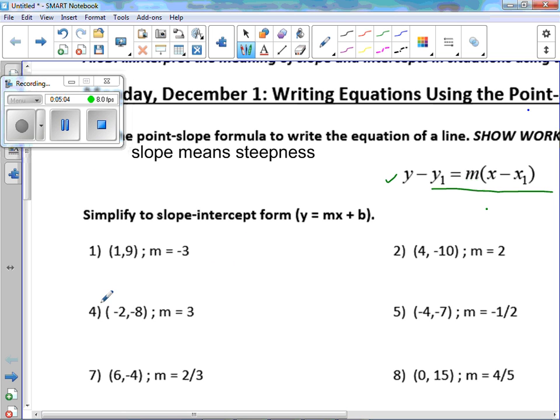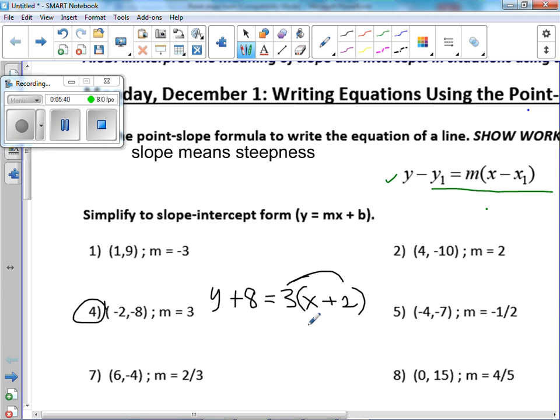Okay, let's go ahead and do number 4 now. And you have y minus, what am I going to write? If the y is a negative 8, isn't that going to be a positive, because two negatives make a positive? Plus 8 equals, what is our slope? The slope is 3. Open parenthesis, what is the x? It's minus 2. So two negatives make a positive, so it's going to be a plus 2. Now we're going to distribute the 3.